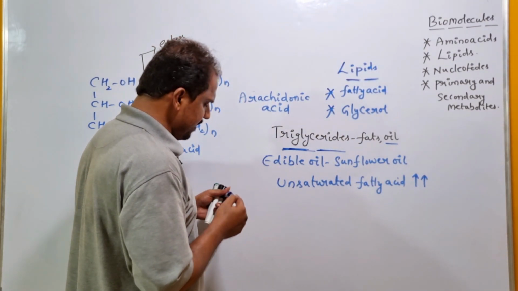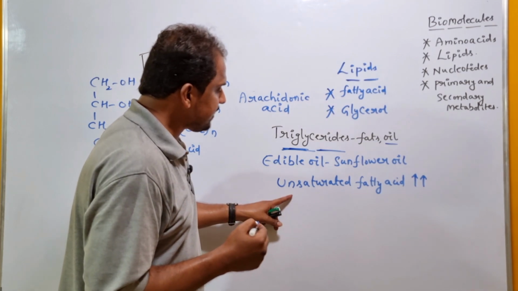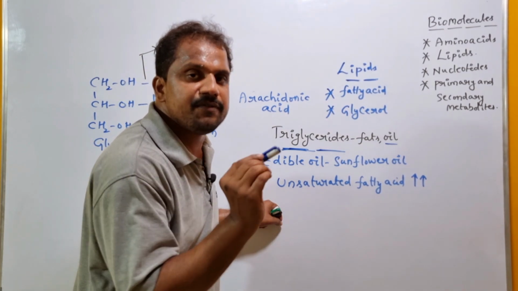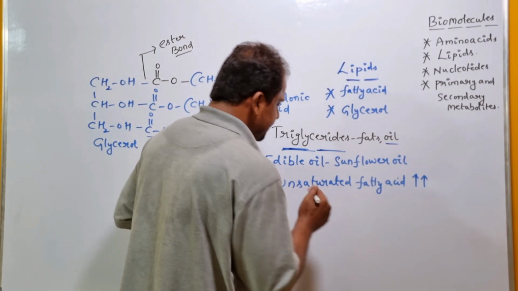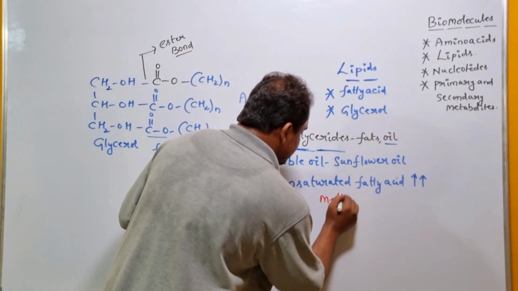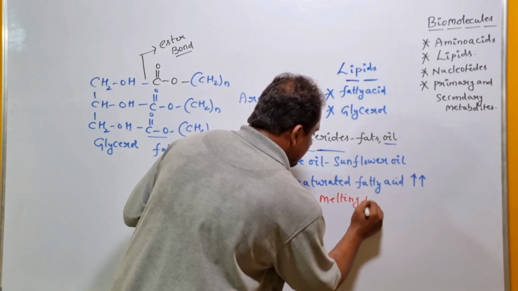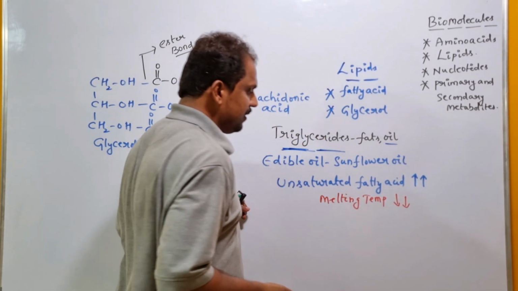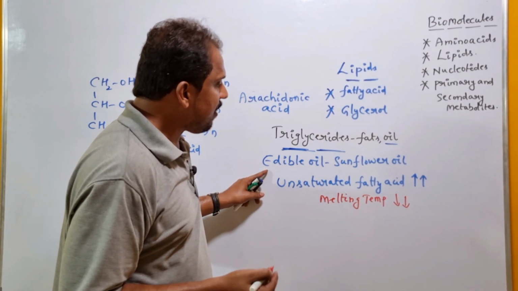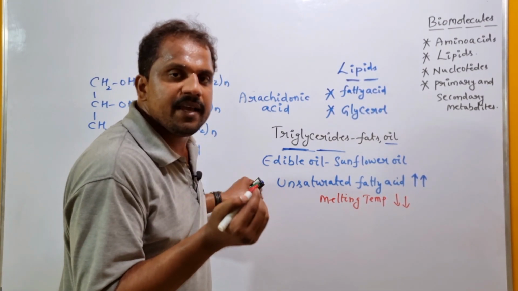As I have already mentioned, the melting temperature of unsaturated fatty acid is very low. So in general, certain edible oils like sunflower oil remain in liquid form in the summer season, and even in the winter season they remain in liquid form.